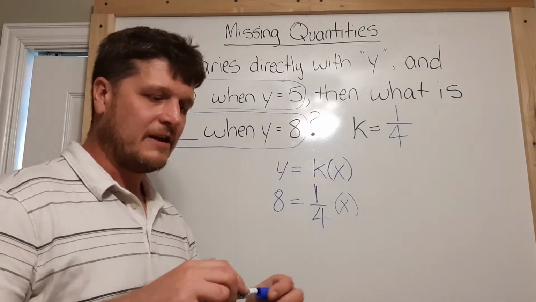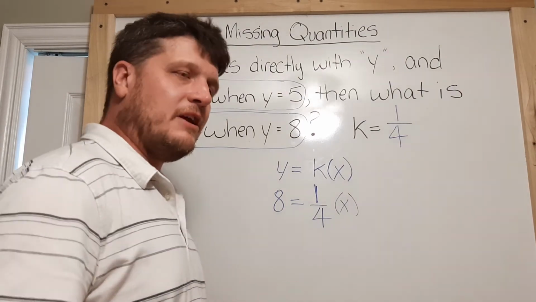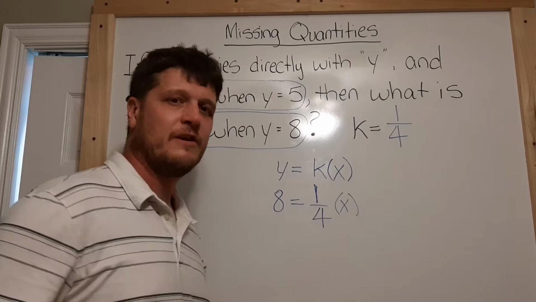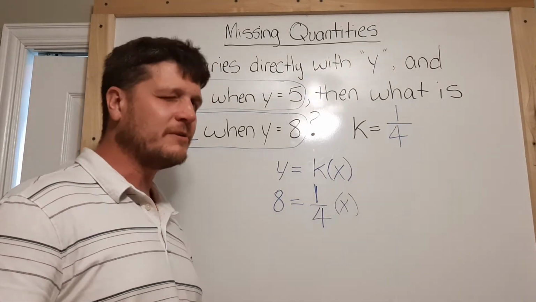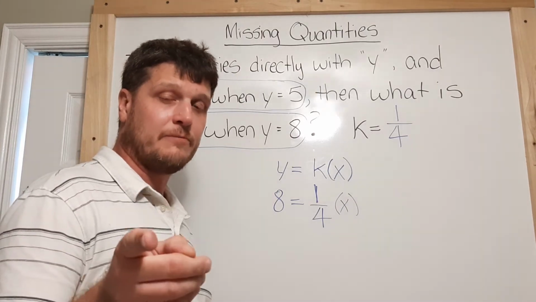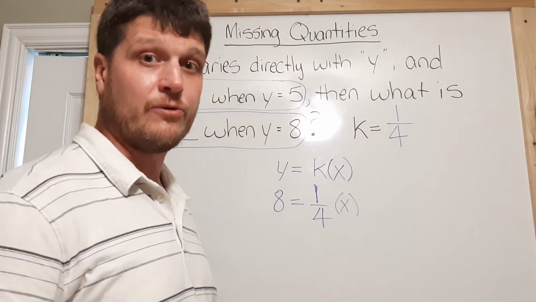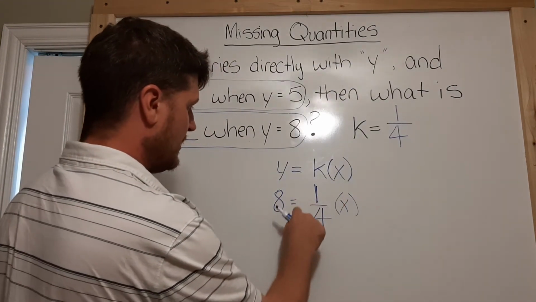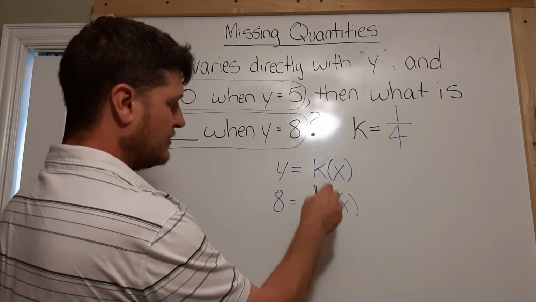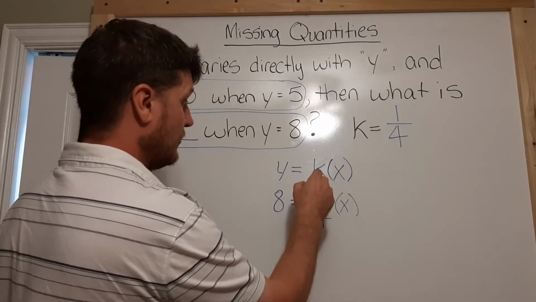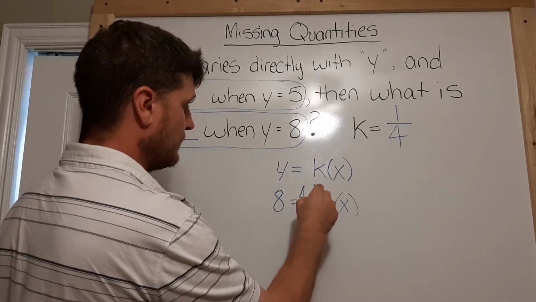Okay? Now, we want to solve for that missing number x. Now, how many of y'all remember what you have to do to cancel out 1/4? You multiply by something. If you said multiply by the reciprocal, you're absolutely correct. In order to get x by itself, we're going to multiply this 1/4, because it's attached to the x and we have to get rid of it, times 4/1.